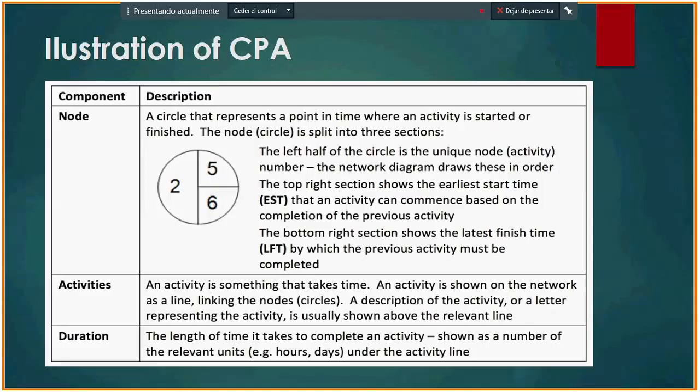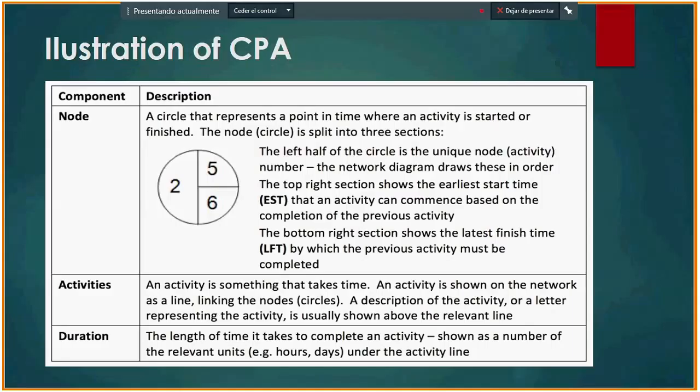A node is a circle that represents a point in time where an activity is started or finished. The node or circle is split into 3 sections. The left half of the circle is the unique node activity number. The network diagram draws these in order.